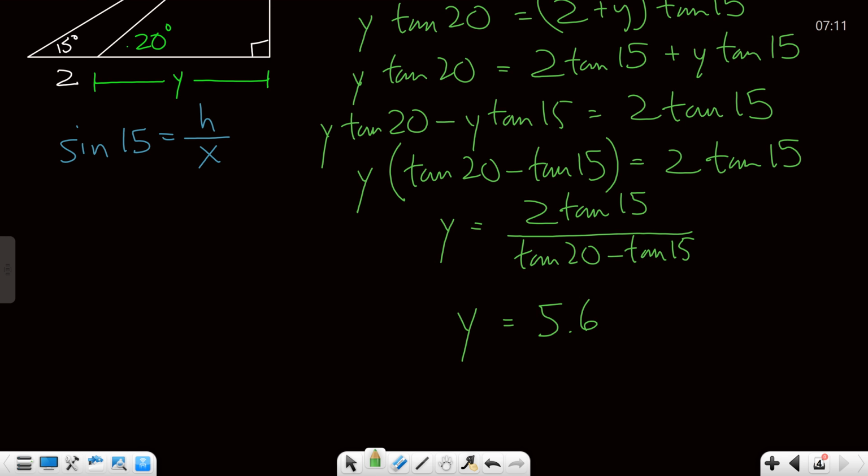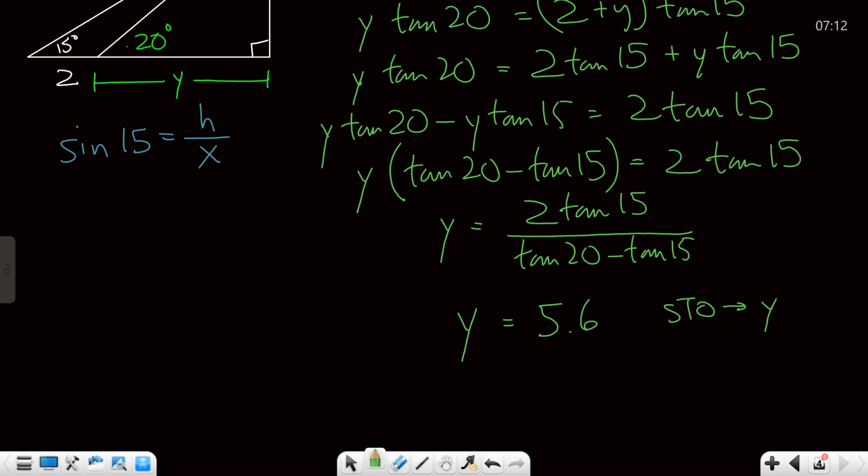Okay, it's actually 5.581051555, and so on. So I'm going to take this number and store it into y on my calculator. Hit the store button, go to alpha y, and store. So now whenever I hit the key for y, that's going to give me that exact number.